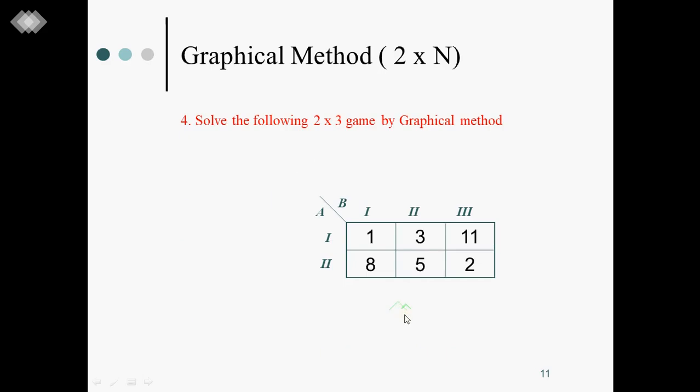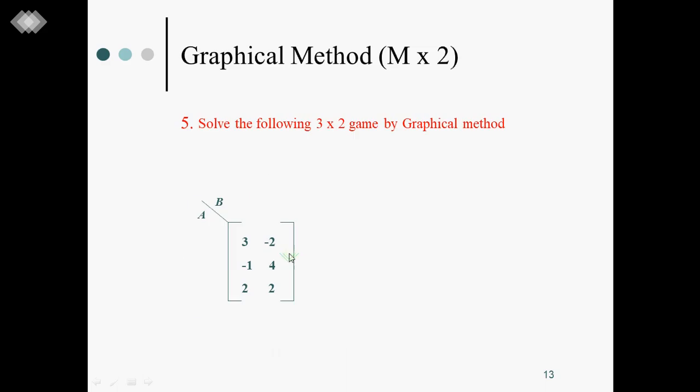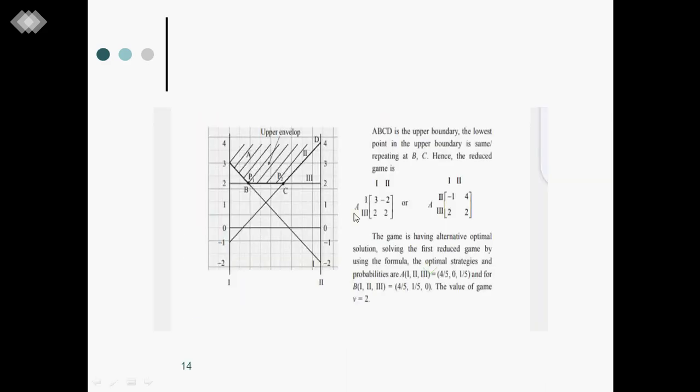So graphical, it may be either this 2 by n type or m by 2 type. The only thing you have to remember is that drawing the graph is the same, just connecting the pairs of elements. When it is a 2 by n game, you first identify the lower boundary and in that the highest point. When it is an m by 2 type game, the upper boundary or upper envelope and in that the lowest point.